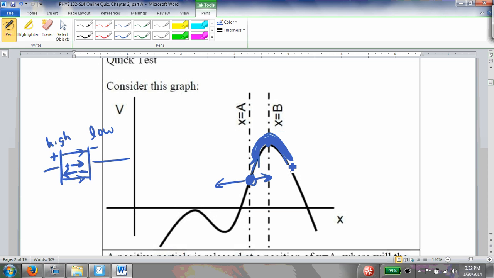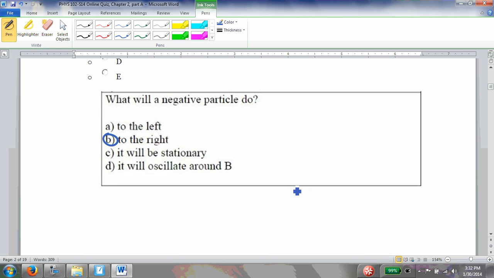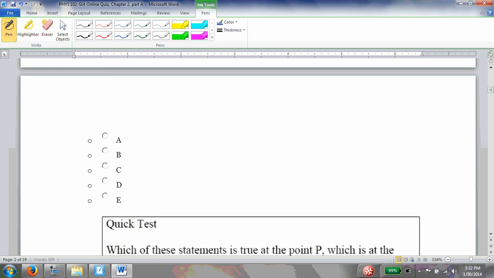You can set it to be very accurate in that way. So you can either put to the right, which is true right at first, but as it goes up over that hump in the potential, it's going to begin oscillating back and forth. It's like a marble rolling around in a bowl. It's very similar to that.